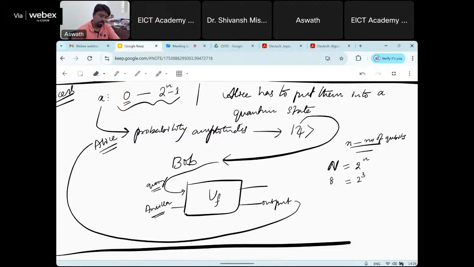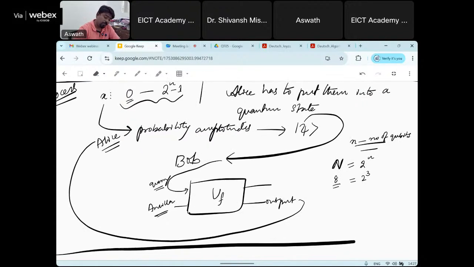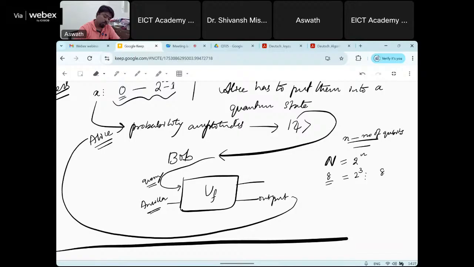Let's say there are 8 input values. How many attempts would we need to find out whether the function is balanced or not? In the worst scenario, in this case, it would be 8 by 2 plus 1, which is equal to 5 attempts. So 2 to the power of n minus 1, plus 1, to say if it is balanced or not.